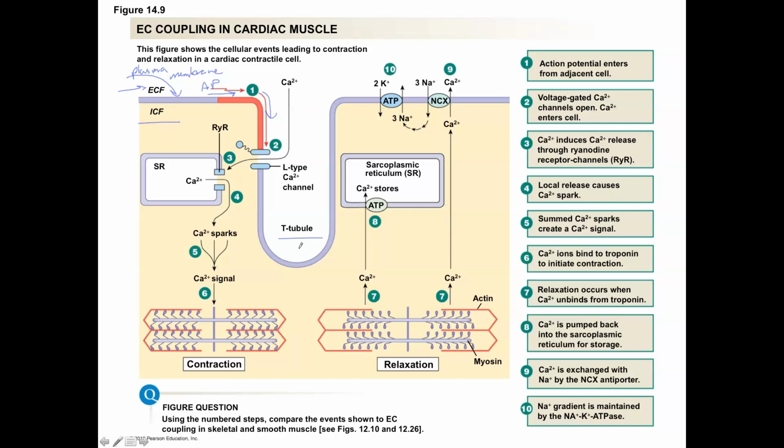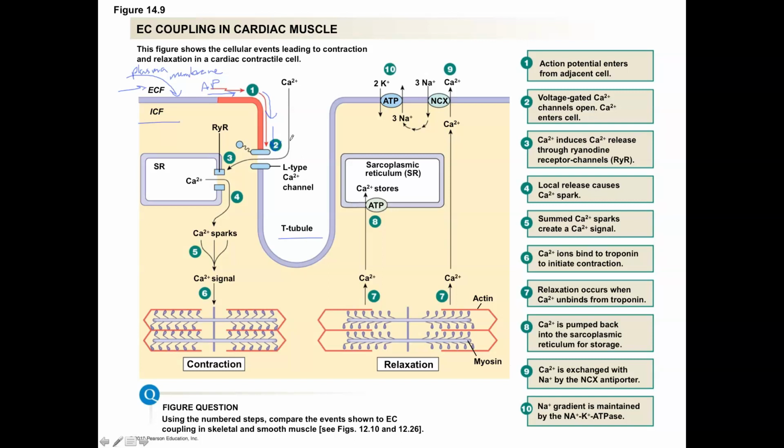So we're following the plasma membrane, so we can bring that electrical signal deep into the cardiac muscle cell. So the action potential signal is traveling along the plasma membrane and down into the T-tubule structure. So we're moving that electrical signal along the plasma membrane.